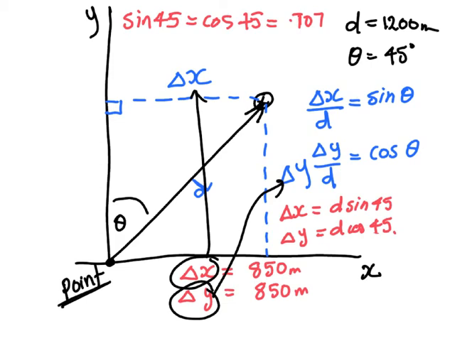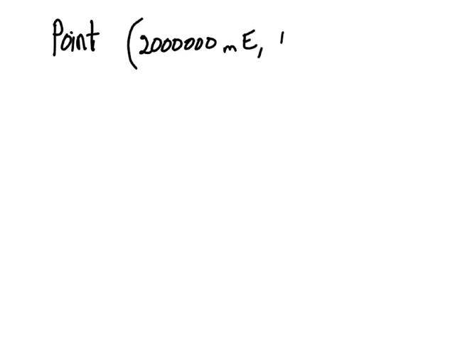What we need now is the absolute location of the point. So on the next page, let's say our point is at coordinate 2 million meters east, 4 million meters north.